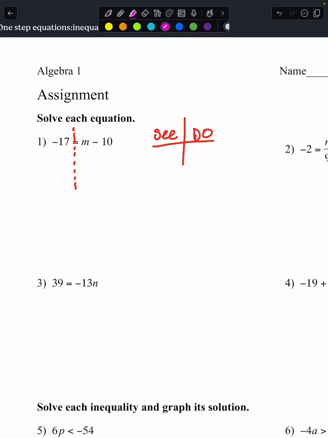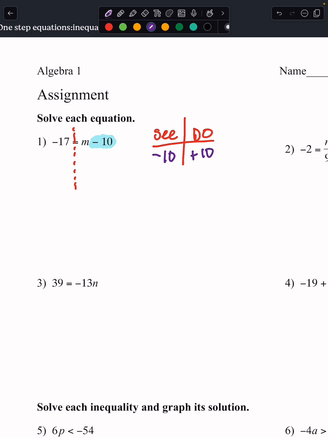You see how here's the m, right next to it is a minus 10. So that's what I see. I see a minus 10, which means I need to do the inverse. So the inverse of minus 10 is a plus 10.